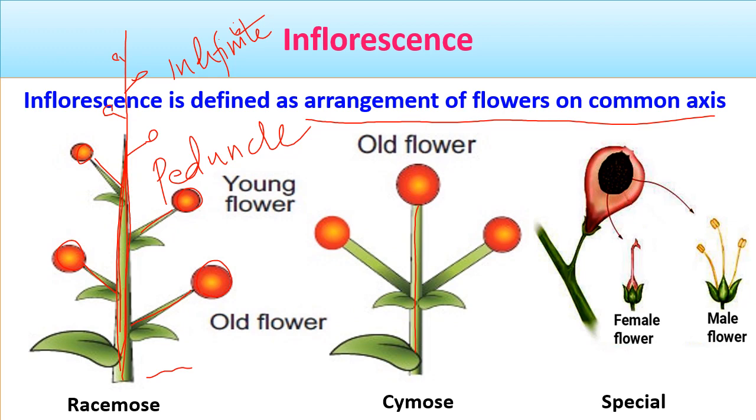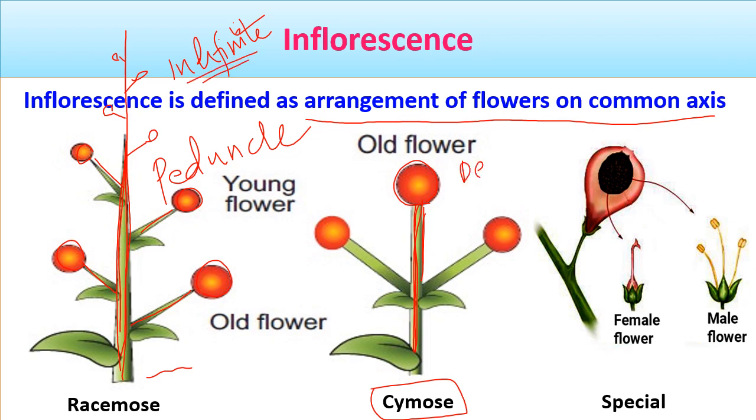In the second type of inflorescence, that is cymose inflorescence, the condition is completely opposite to the racemose. How is it opposite? You can see here the axis of inflorescence, which is terminating with a flower.